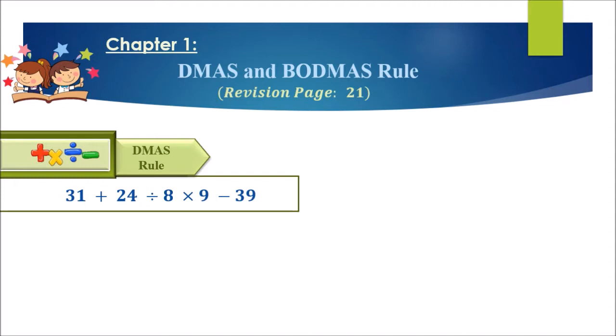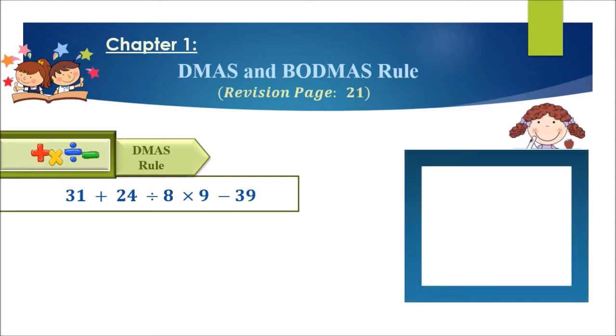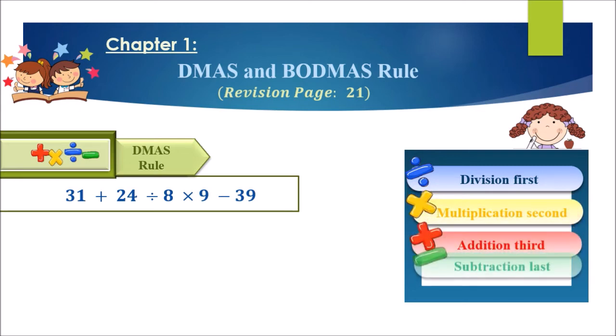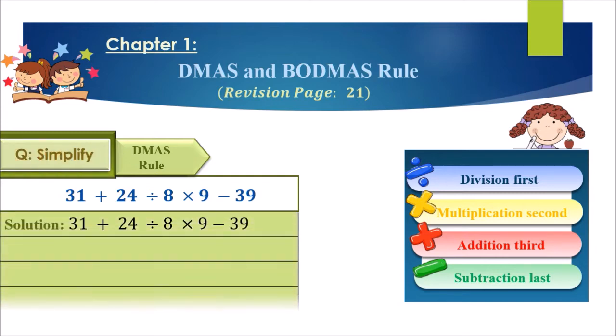Here the question is, how to use DMAS rule to solve such problem? So according to DMAS rule, we have to divide first, then multiplication, and then addition, and in the last, subtraction. Let's use DMAS rule to simplify this question.